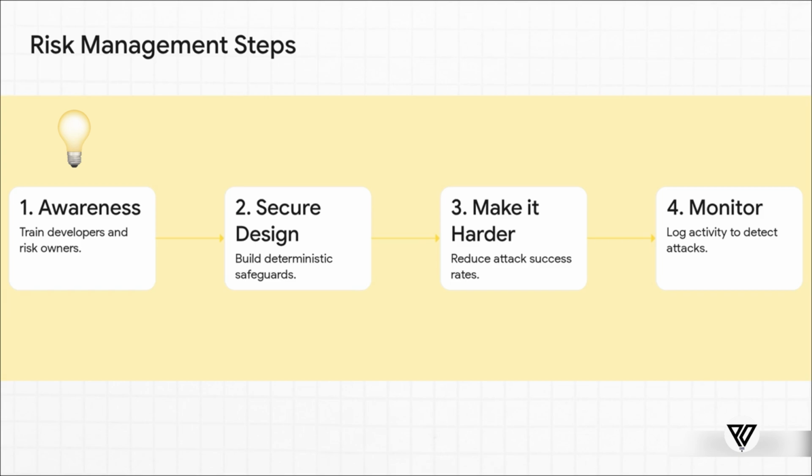Every single developer, every project manager needs to understand this isn't a bug, it's a feature, a risky one. Second, secure design. You have to build old-school, hard-coded rules and safeguards around the LLM that don't rely on its fuzzy judgment. Third, make it harder. No, we can't stop all attacks, but we can definitely put up some hurdles to lower the success rate. And finally, fourth, monitor. Log everything. Assume you've been breached and look for the evidence.